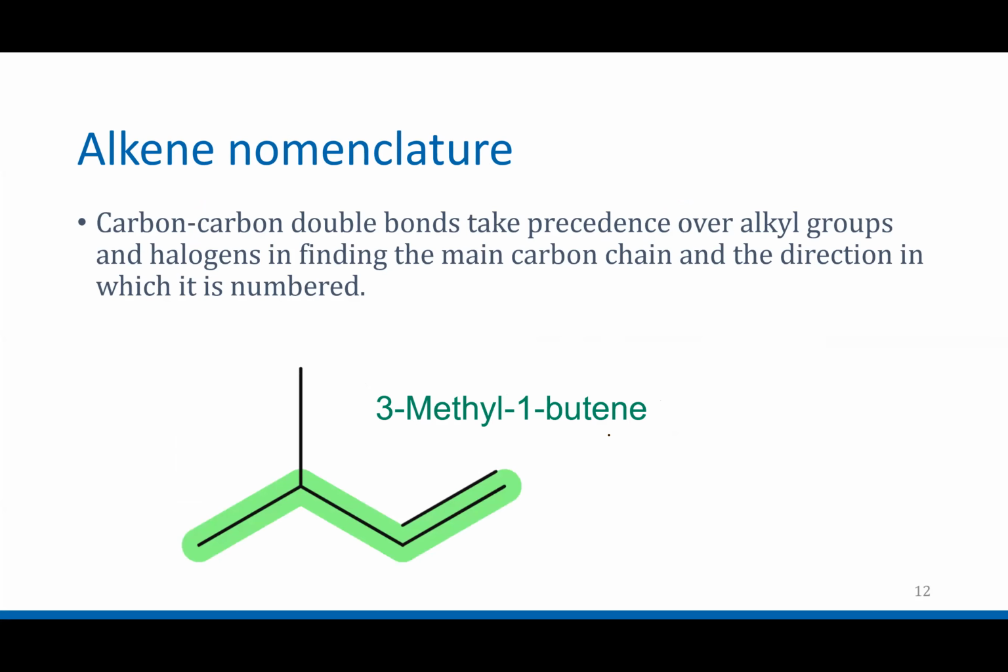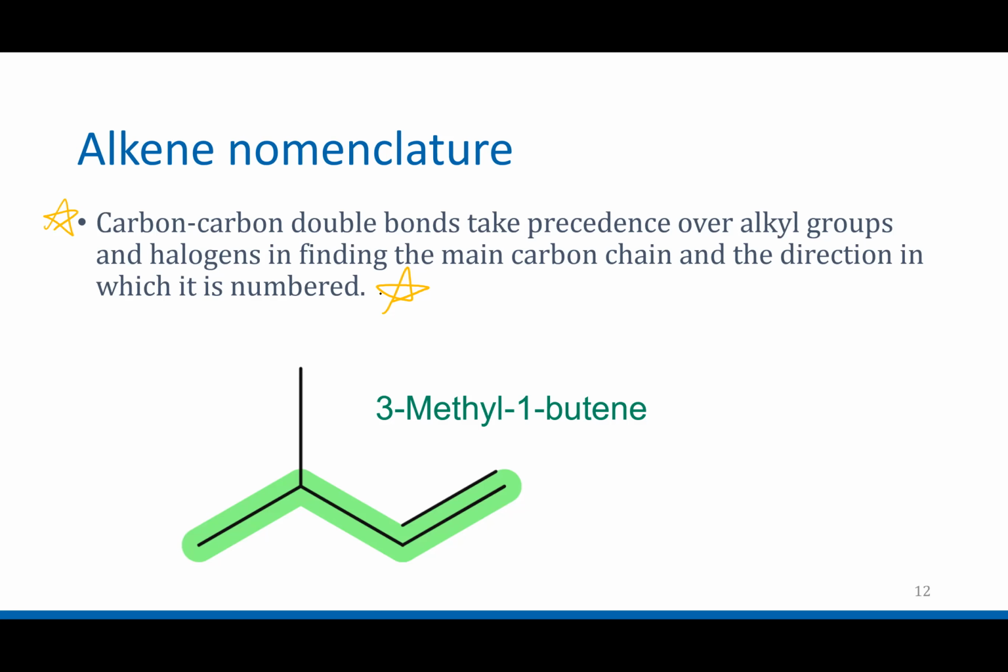Now, I don't have a list of rules here, but the rule is basically in this paragraph. When you're numbering these carbons with double bonds, the double bonds take precedence, which means they take charge. They are counted first over anything else.